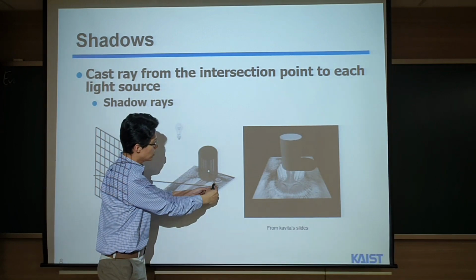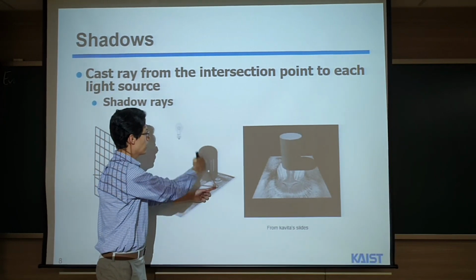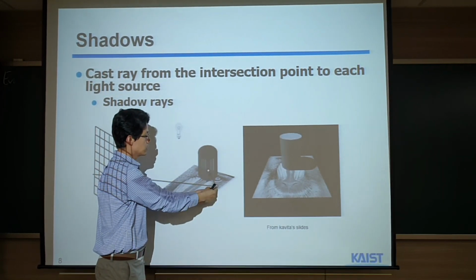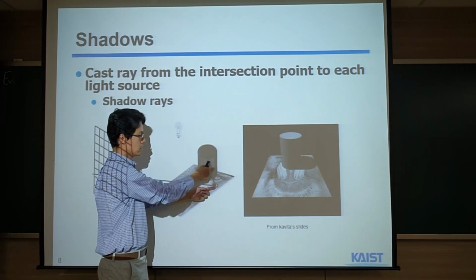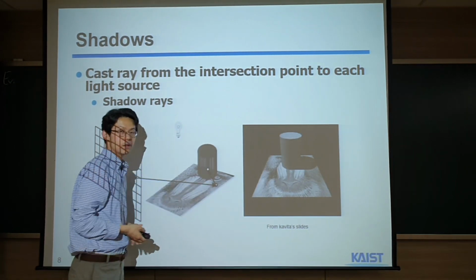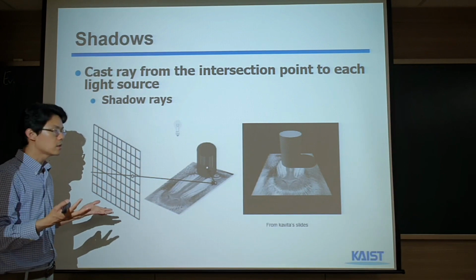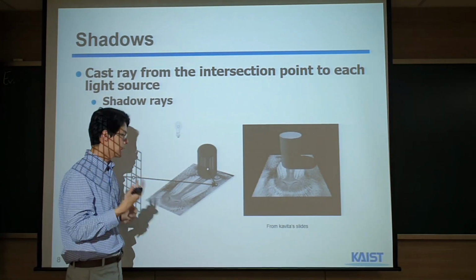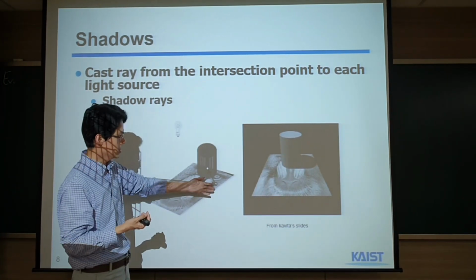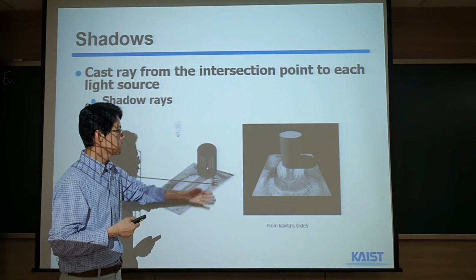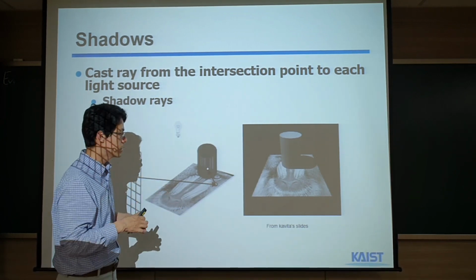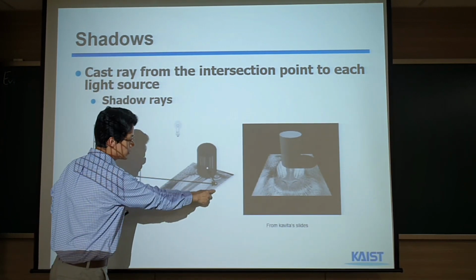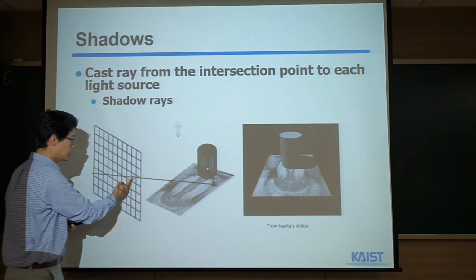And then as you can see, along that ray, there's an intersection between some other object and this ray, right? In that case, it means that we cannot get any light energy from the light source to here. So in that case, we only evaluate the ambient term, and we only show the ambient energy at the pixel.